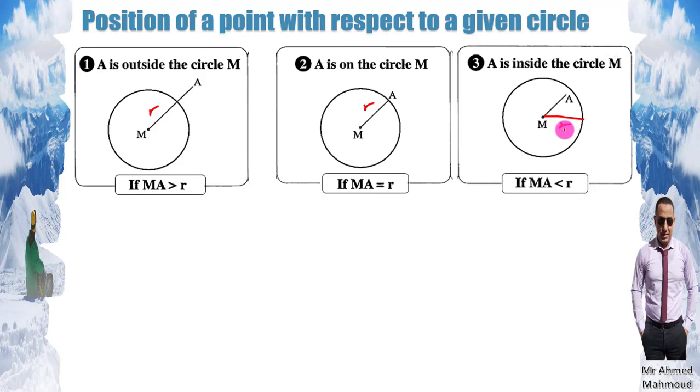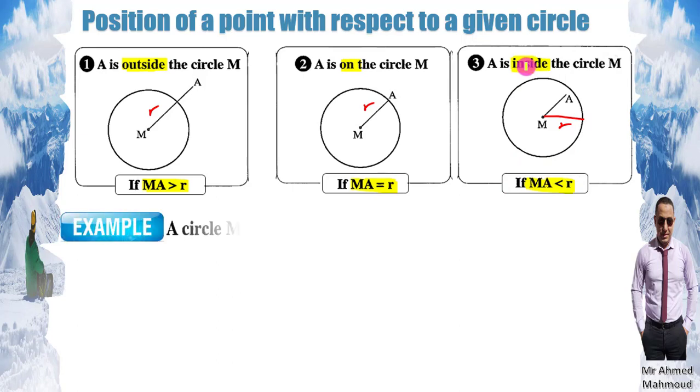So the relation depends on MA. If MA is greater than r, the point is outside. If MA equals r, A is on the circle. If MA is smaller than r, A is inside the circle.